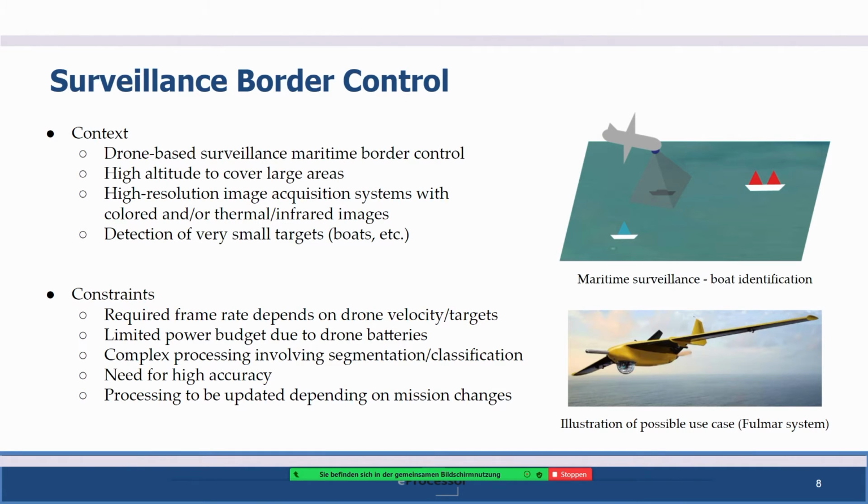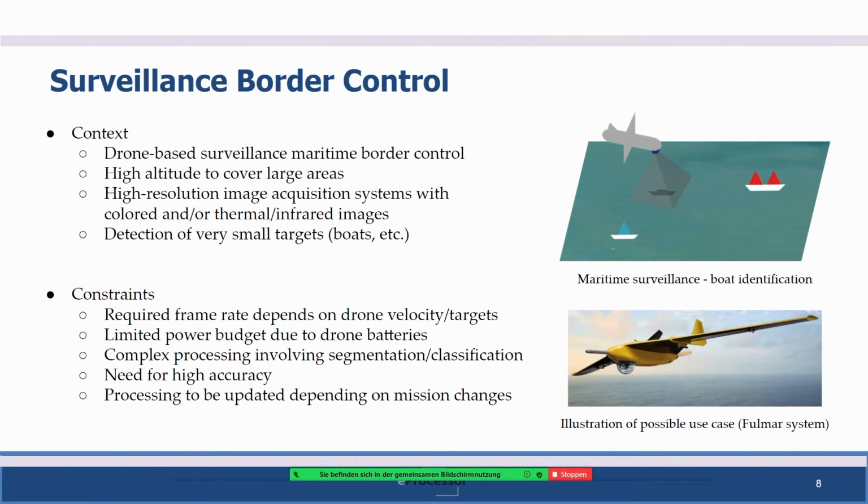So this application has important constraints in the sense that the frame rate can be quite high, although it depends on the velocity of the drone and of the targets. Obviously, the power budget is important because the drones run on batteries, so you want to have a battery life as long as possible.